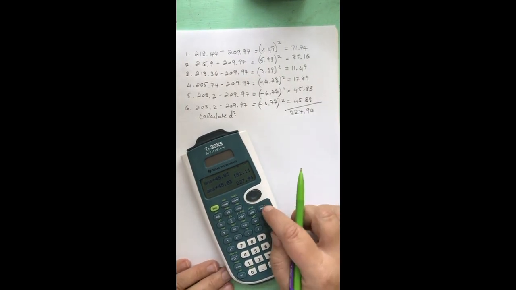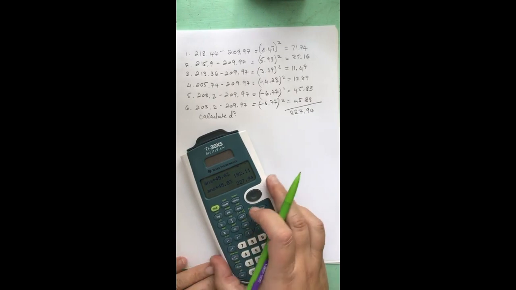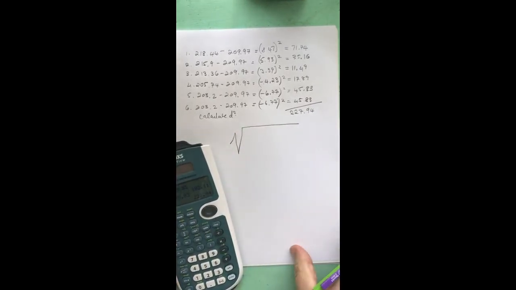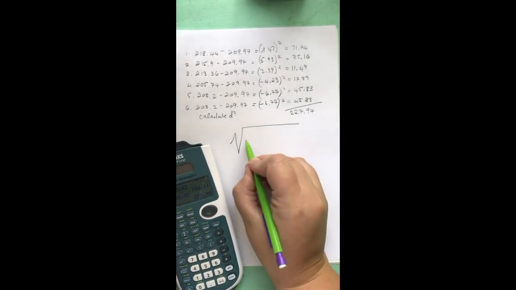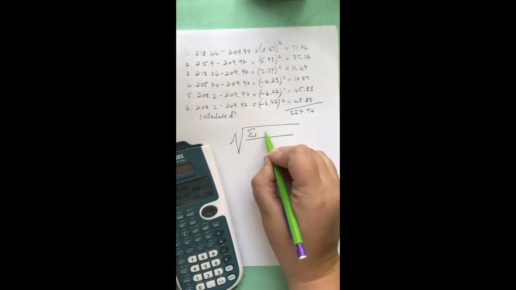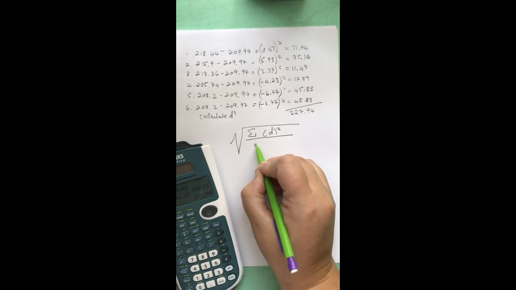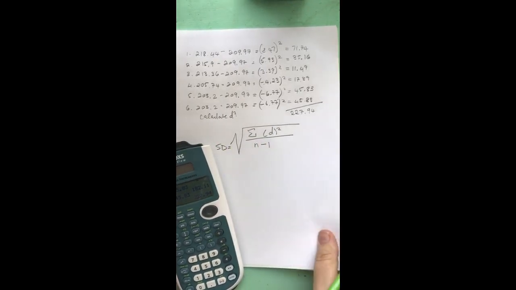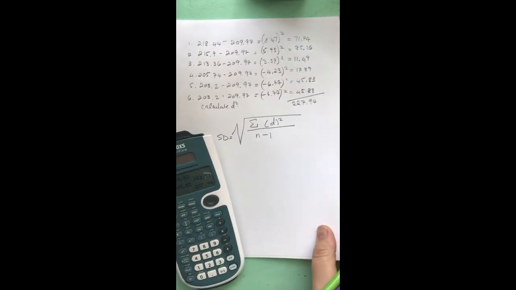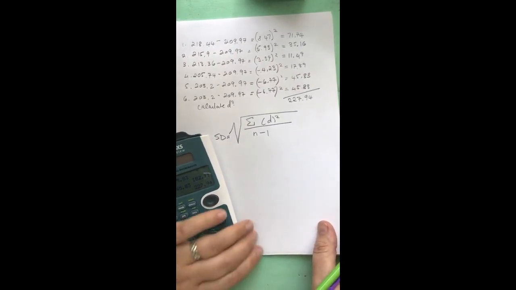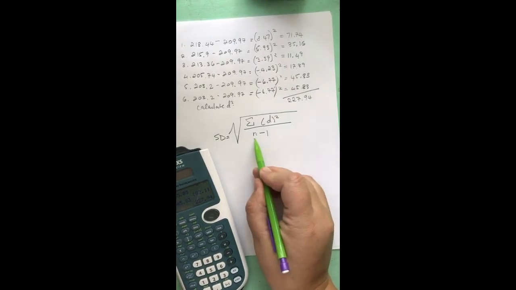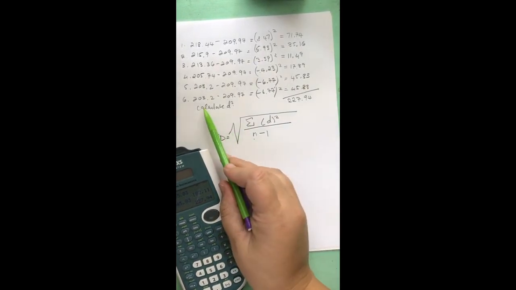All right. So now we have to go back to our formula. Remember, our formula looked like this. We had our d squared total up here, and we had n minus 1 underneath it. Now remember, n here stands for sample size. We started with 6 athletes.